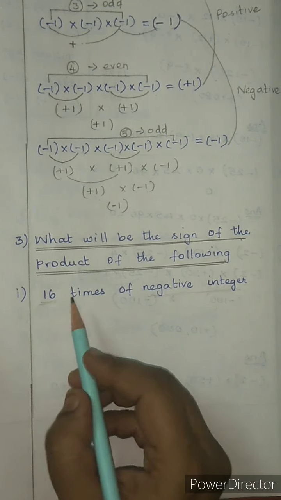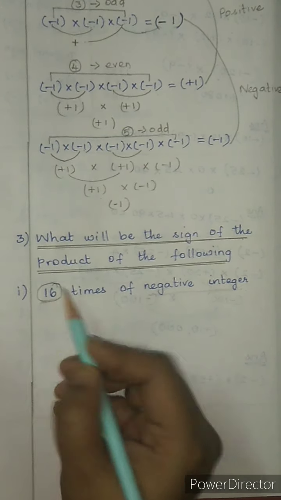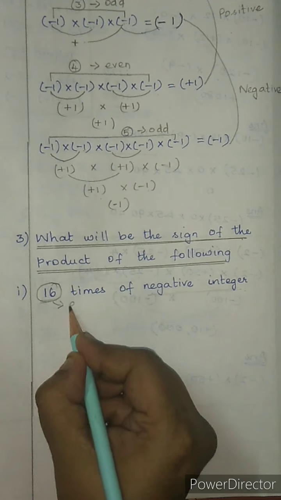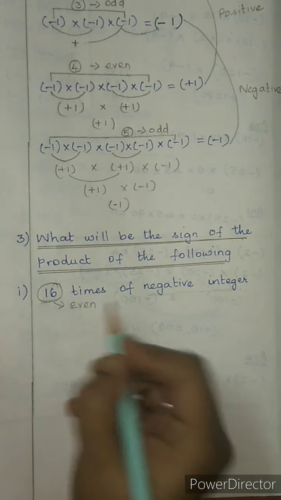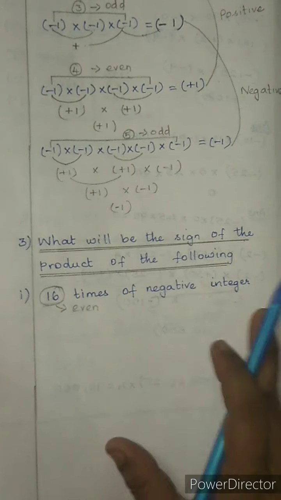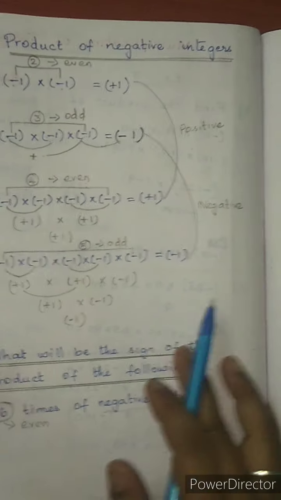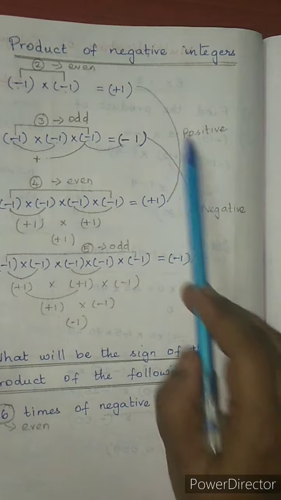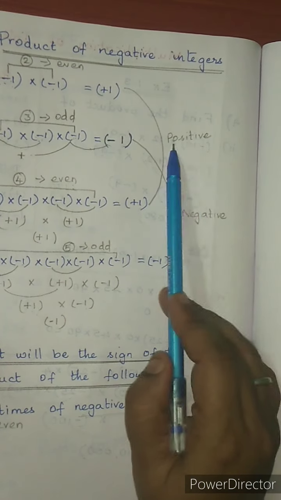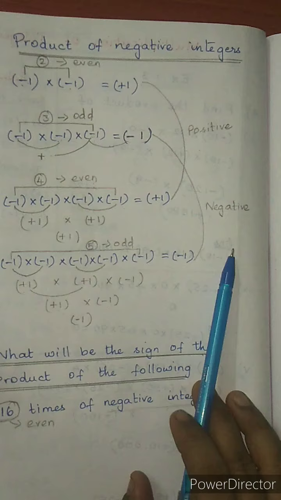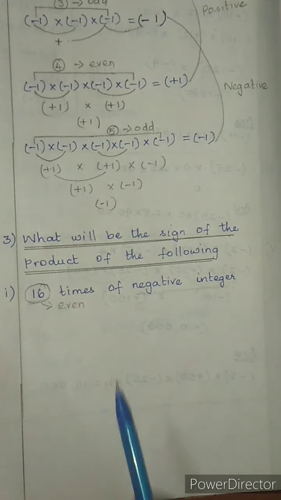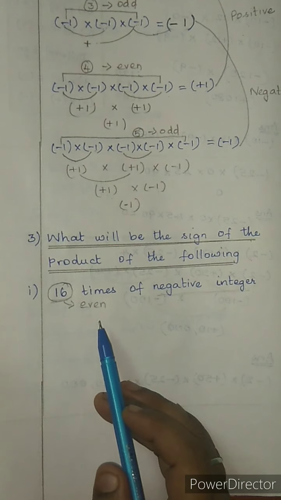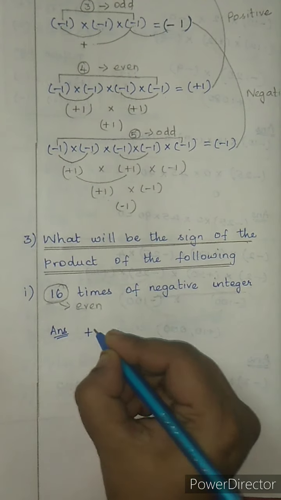So this is an even number. And we know that when a negative number is multiplied an even number of times, the product remains positive. So what about the sign of the product here? Plus, that is positive.